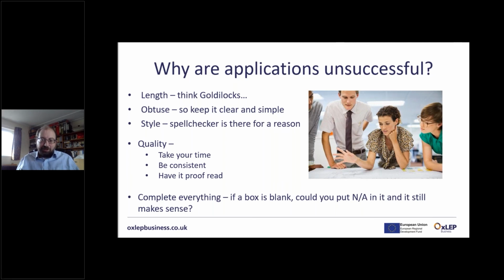Applications can be unsuccessful because they are reviewed and proofread effectively within an echo chamber, something that we all hear about at the moment with social media. Effectively, in this context, if you are proofreading an application and you already know that application almost inside out, it's very unlikely that you're going to be able to bring an independent eye to the application. So find somebody who can proofread it independently.